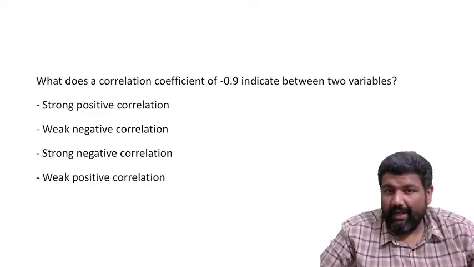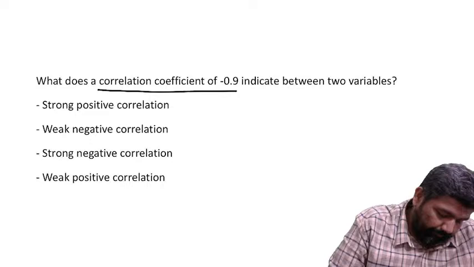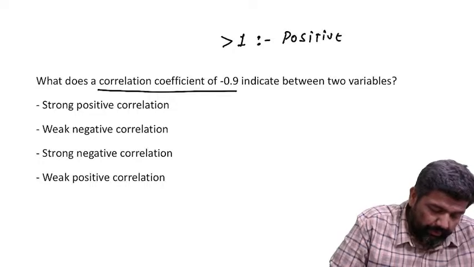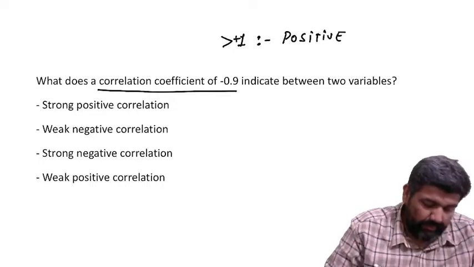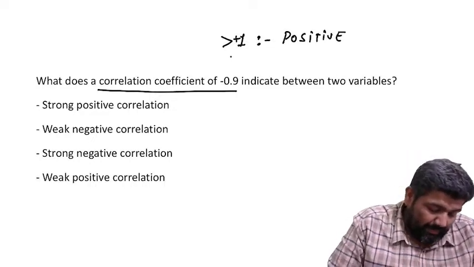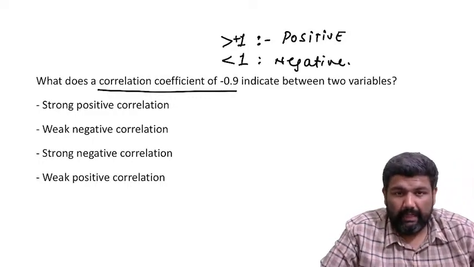What does a correlation coefficient of 0.9 indicate? So for a correlation coefficient, when it is positive, it is a positive correlation. When it is negative, it is a negative correlation, right.